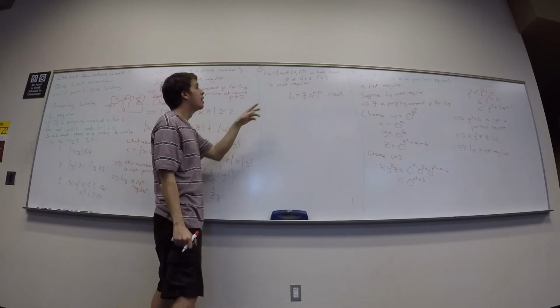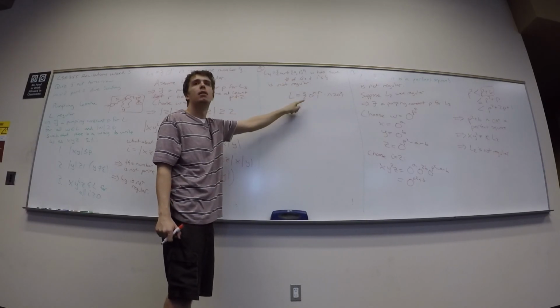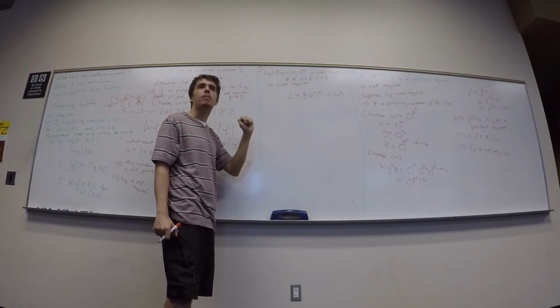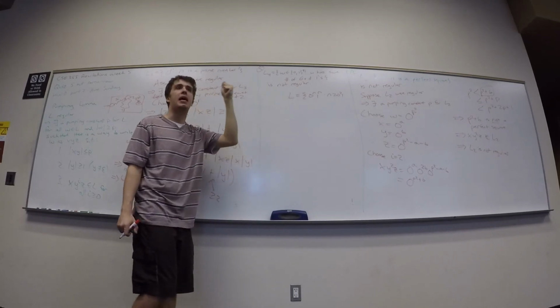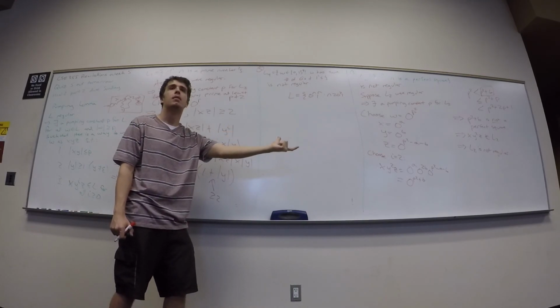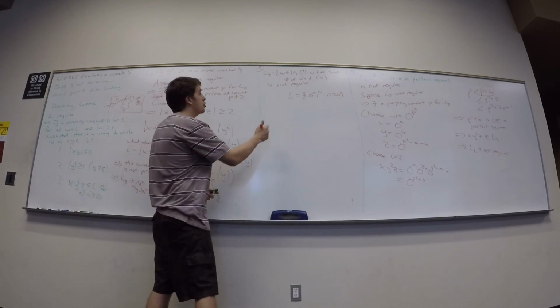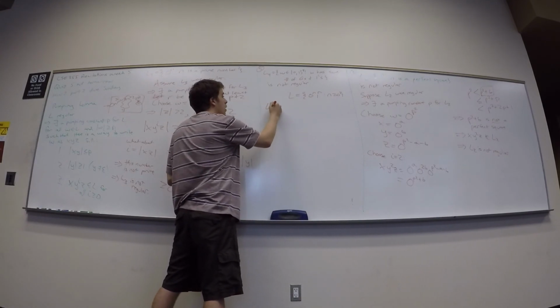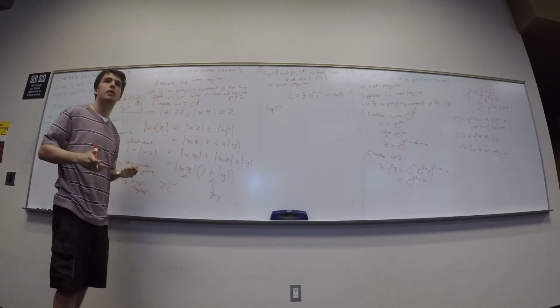Well, let's see. If I'm in here, how do I get down to here? I have to be able to force the strings to have the zeros at the beginning followed by the ones. Well, how do I do that? Do intersection, yeah. So what I'm going to do is L4 intersection something.